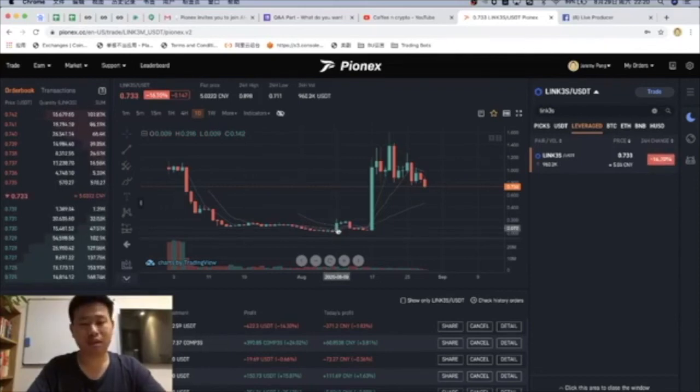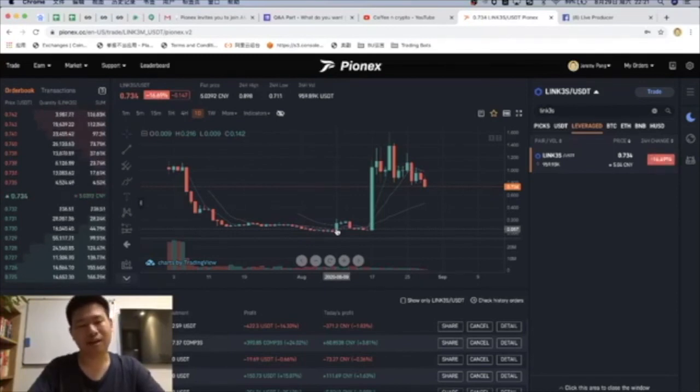But there's one thing you need to take care of: we will stop your bots during the reverse split, and you cannot trade any of these tokens. Also the related tokens: for example, when we are reverse splitting the Link3S token, you also cannot trade the Link3L token at the same time.